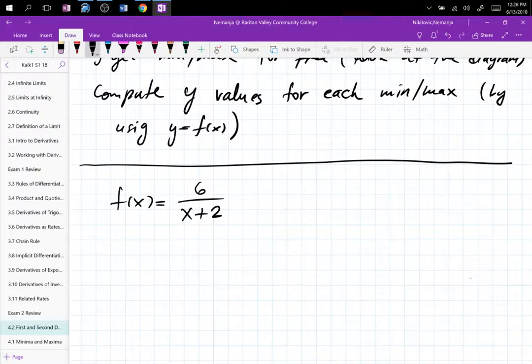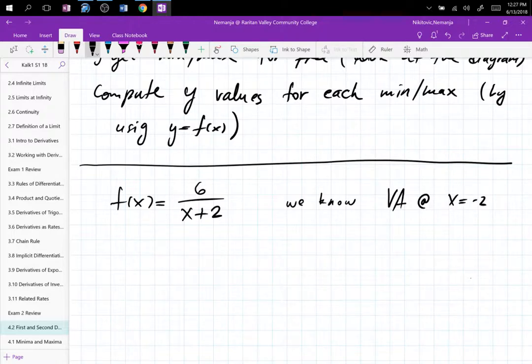Now, this is where your ancient knowledge kicks in, because you need to know that the vertical asymptote is at negative 2, otherwise you are doomed. So we know that the vertical asymptote is at x equals negative 2.